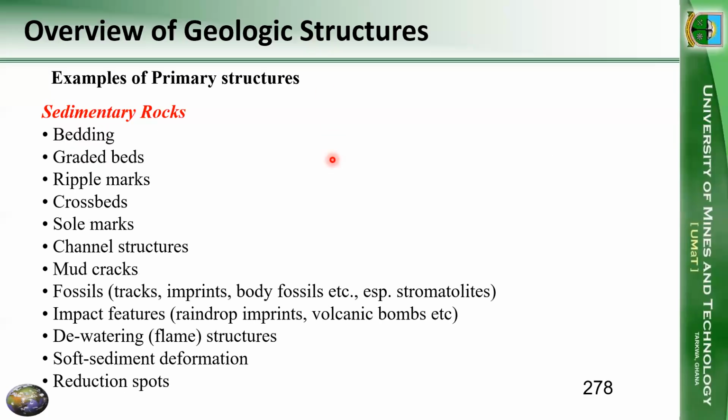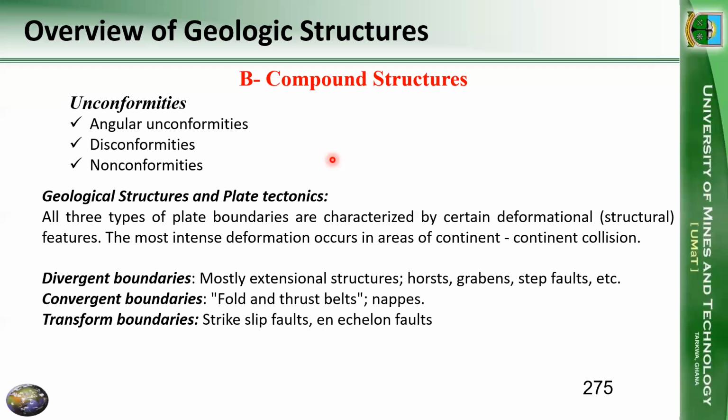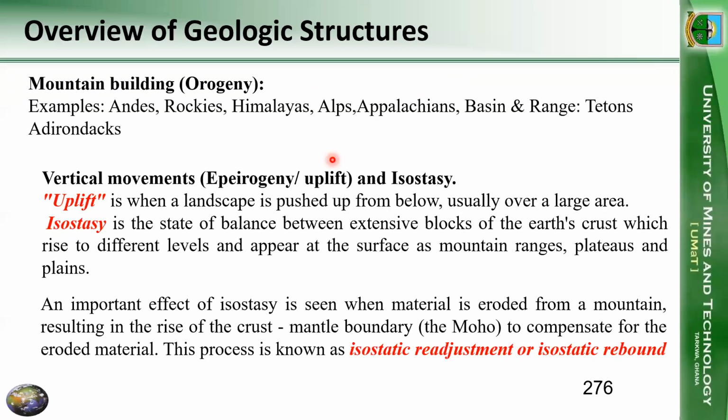In the case of compound structures, we look at unconformities and structures that develop associated with plate tectonics. At divergent boundaries, we have tensional structures. At convergence, we have folds because of the compressive forces. And the transform is like shear, so we have strike-slip faults. We said orogeny is also an example of compound structures, where we have mountain building associated with the convergence of tectonic plates.